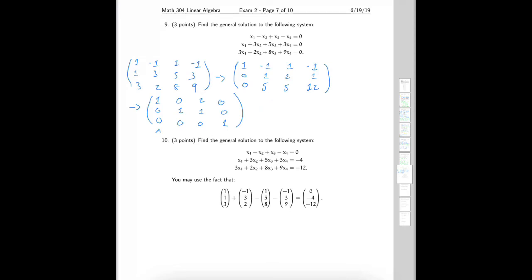Okay, so the pivots are the first column, the second column, and the last column. Okay, the bottom equation says X4 is equal to 0. The top equation says X1 is equal to minus 2X3. The middle equation says X2 is equal to minus X3, and then X3 is free, so we'll call it T.